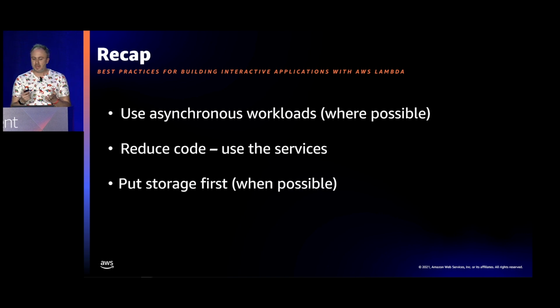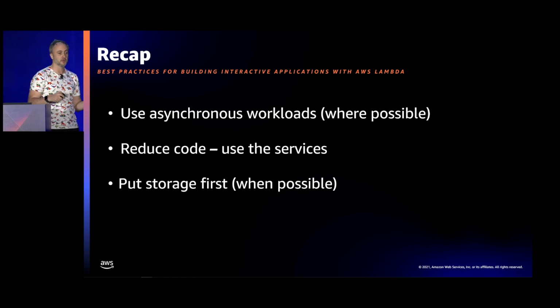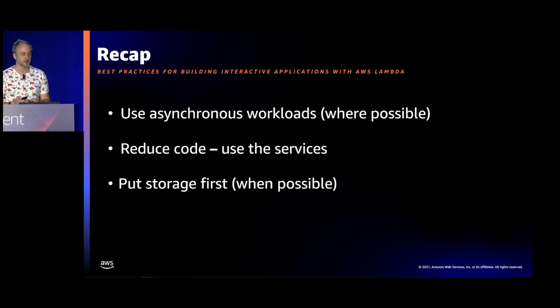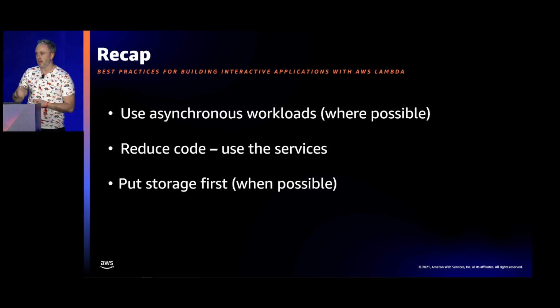I think serverless is really designed for using asynchronous invocations, because much more often than you think, you don't actually need that result right away. You can use things like WebSockets and polling to grab that result later on in the application. And if you invoke your Lambda functions asynchronously, you get all the benefits that I've mentioned in this presentation. You get extra reliability, you get extra state management, you get a different way of being able to retry your function with Lambda destinations. So use asynchronous workloads wherever possible.